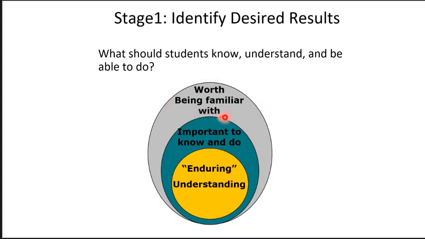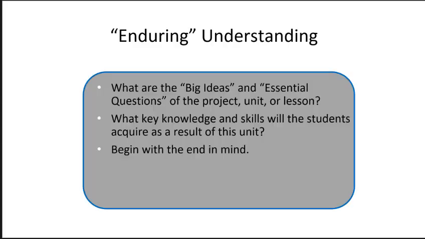And finally, worth being familiar with. But we are focusing here on enduring understanding because we need students at the end to acquire the required knowledge and skills and to transfer those into contexts outside the boundaries of the classroom. It will remain with them forever.